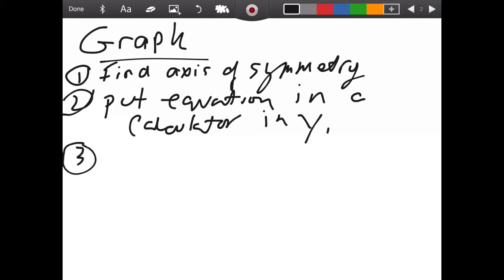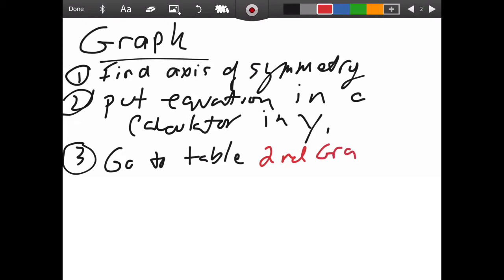After you do that, you're going to go to the table, which is second graph on your calculator.